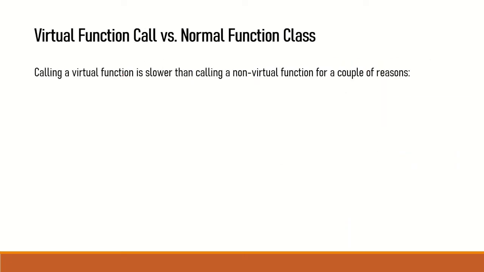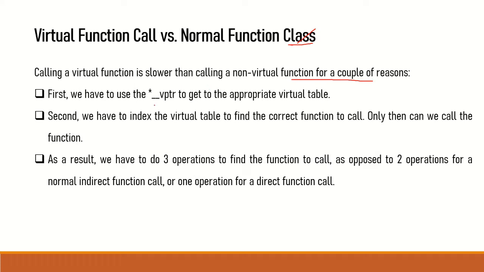Now let's look at the difference between a virtual function call and a normal function call. By mistake I put a class here, it should be normal function call. Calling a virtual function is slower than calling a non-virtual function for a couple of reasons. First, we have to use bptr to get the appropriate virtual table.